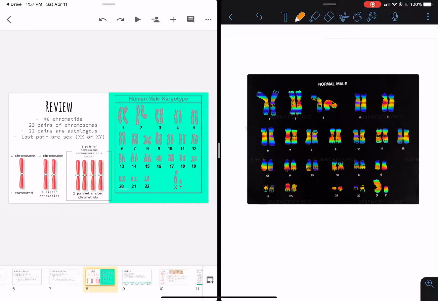Chromatids are unfortunately also called chromosomes, not because of lack of knowledge, but sometimes it's just simpler to say chromosome instead of chromatids, especially whenever you're talking to the general public. But an actual chromatid is just one singular chromosome. If you put a chromatid next to its very similar chromatid, then we're going to call these sister chromatids.